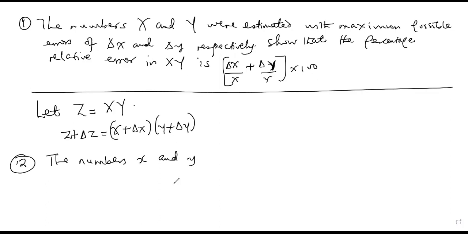The numbers X and Y are approximated to, okay, with possible errors, delta X and delta Y respectively.